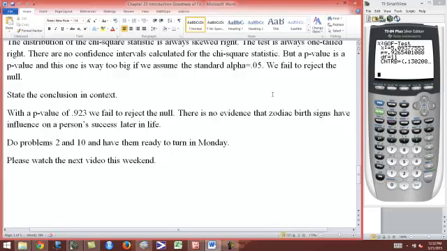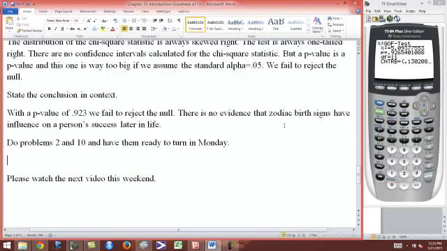Now, do problems 2 and 10. Use the book and the examples in the book. Also, I want to add in here, just checking number 1, and have them ready to turn in.